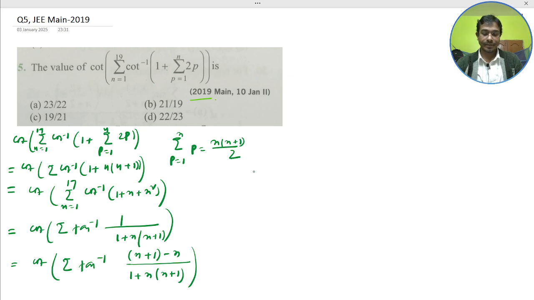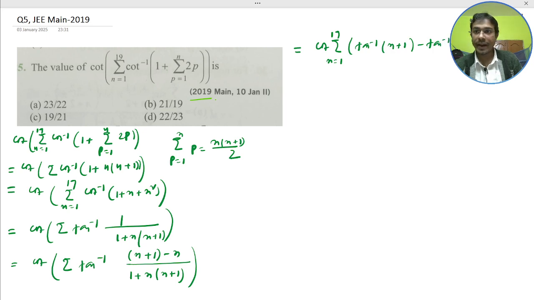for the formula. And next it would become cot summation n from 1 to 19, I just write here tan inverse n plus 1 minus tan inverse n, a very important formula: tan inverse of x minus y by 1 plus xy equals tan inverse x minus tan inverse y, we just apply here.